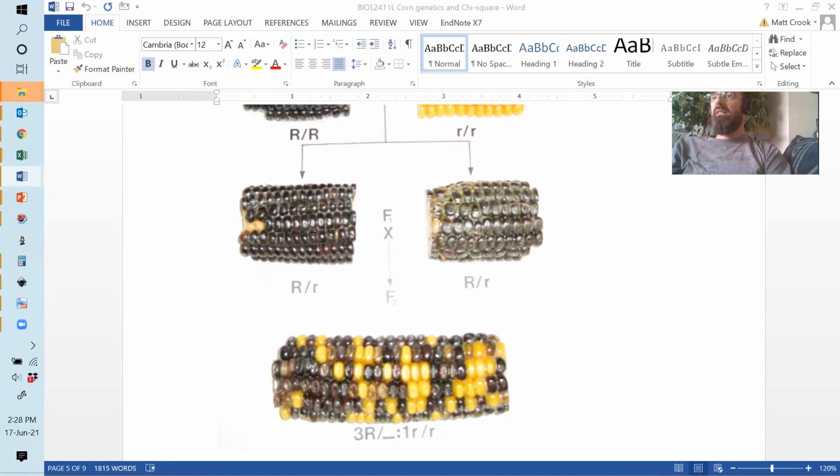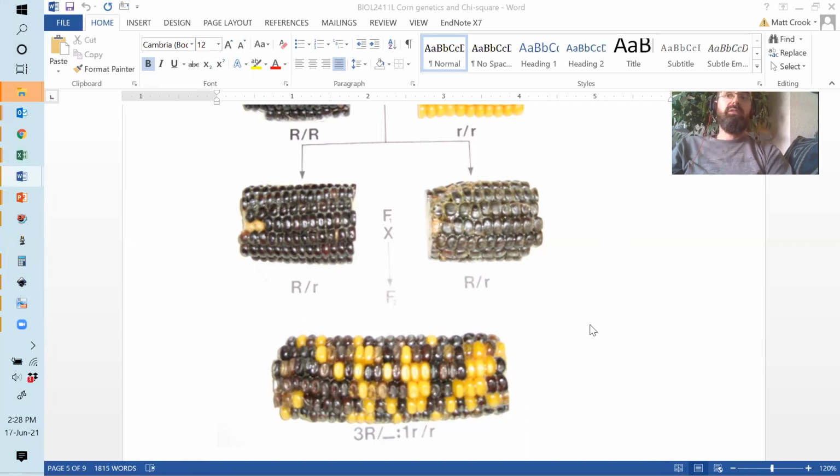So that's the first step of doing a chi-squared, is to first work out what you're expecting, right? And for this it's easy because Mendel's laws, the monohybrid and dihybrid cross, tell us that for an F2 generation of a monohybrid cross, you will always get a 3-to-1 ratio, right? So that's what we use to work out our expected.